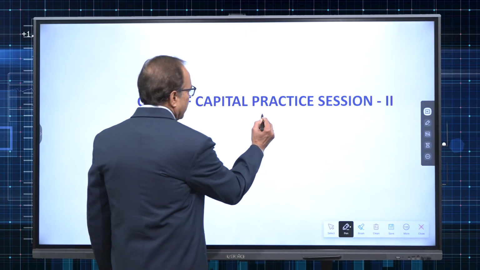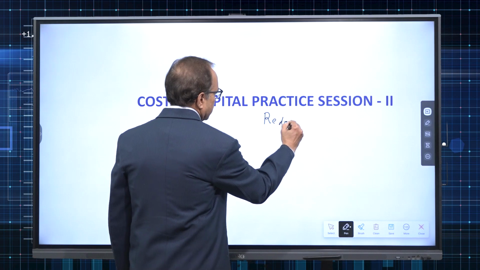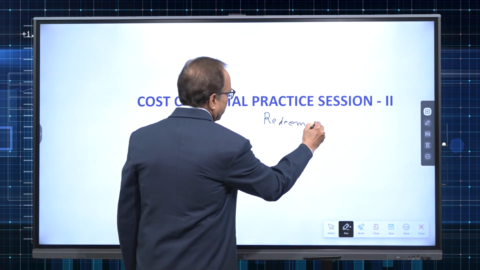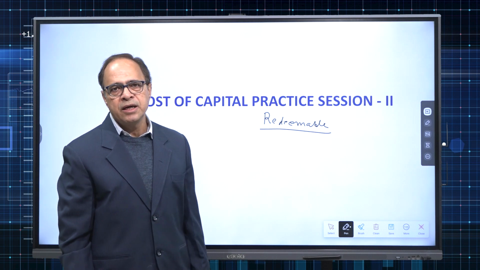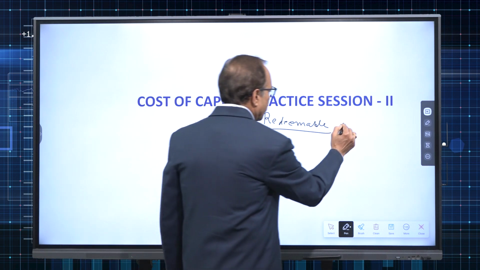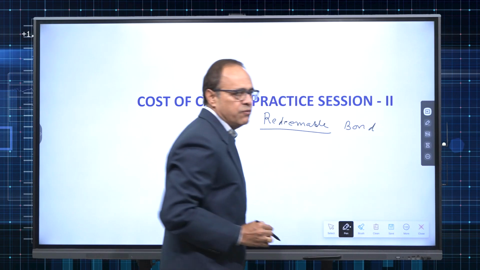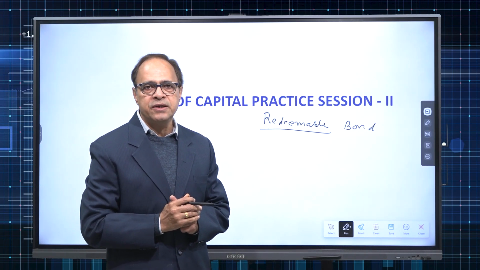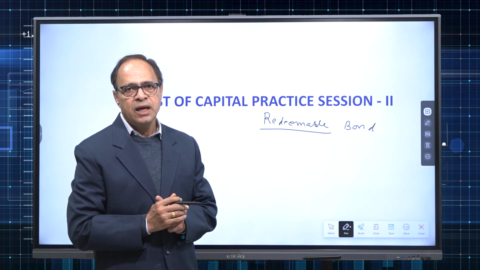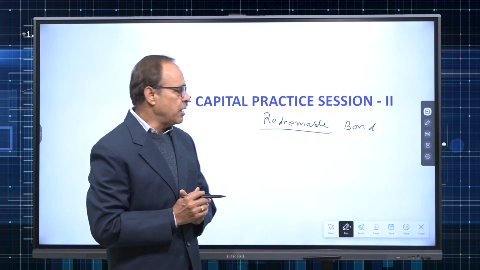We have redeemable debentures. I hope you remember what is a redeemable debenture. A redeemable bond or a redeemable debenture is the one in which year on year company will keep on paying interest to the bondholders, and at the end of the maturity period company will repay the principal amount.